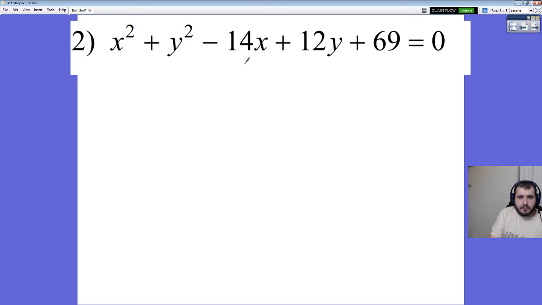Okay, so once again, I'm going to divide my page up just so that I have everything. I'm going to move the 69 over here. So we got our x terms. We've got our y terms.